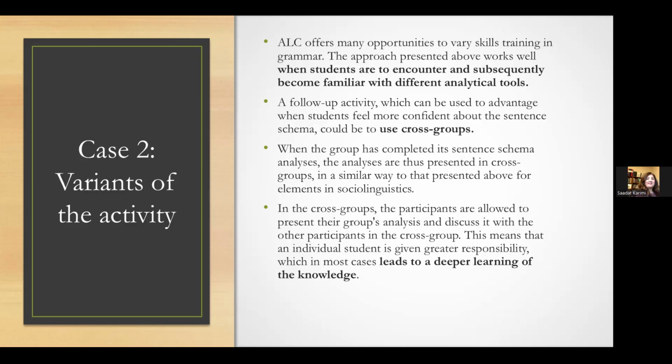In the cross groups, the participants present their group's analysis and discuss it with the other participants. This means, as I mentioned earlier, that an individual student is given greater responsibility, which in most cases leads to a deeper learning of the knowledge.